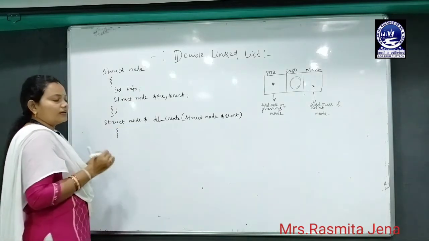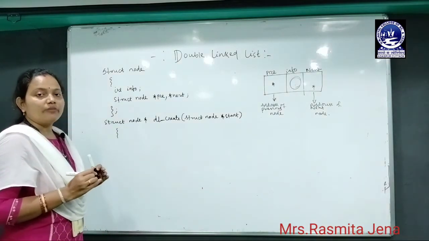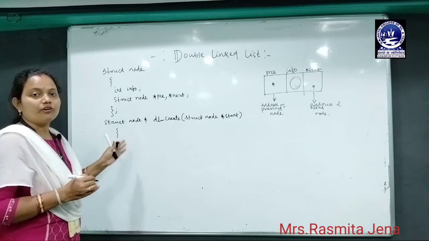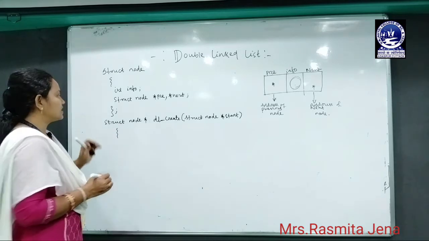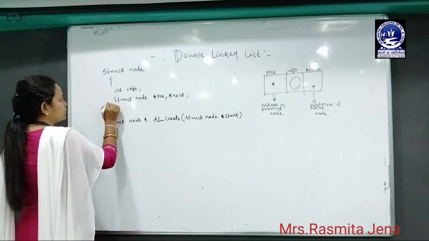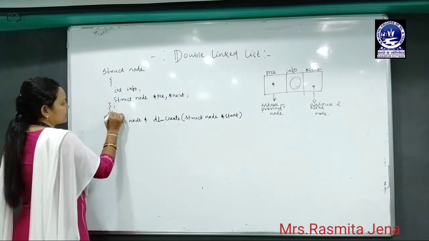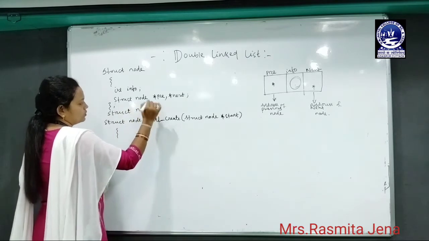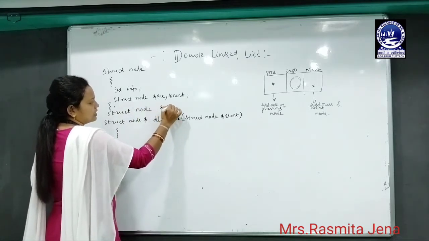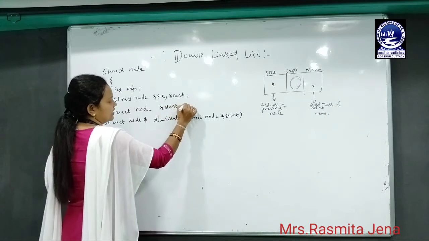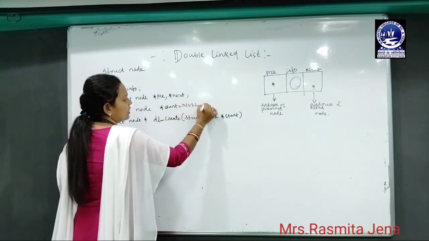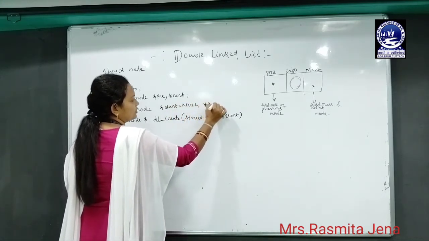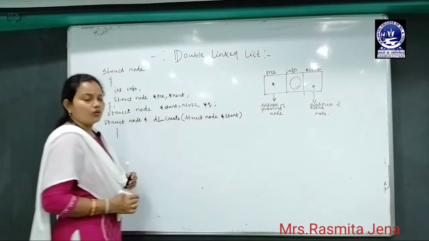What is the minimum requirement of variables before we execute the create function? We must declare these variables. Suppose these variables are struct node star start, which is initialized as null, and suppose there is another pointer, q.